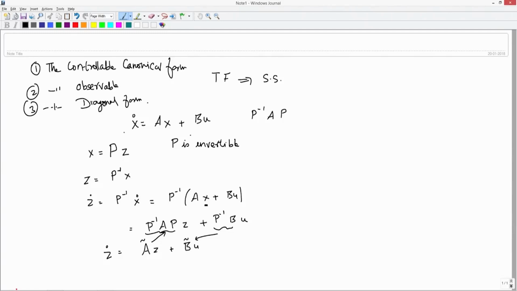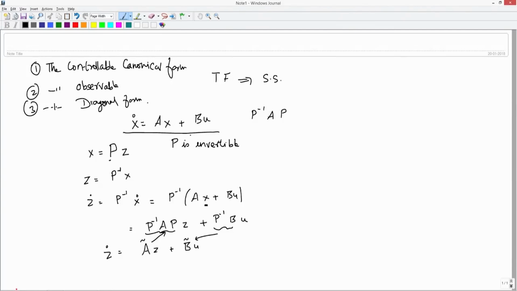So given a system in a certain form, say the observable form, I could go to the controllable form via some transformation P. What this transformation is, we will see a little later: which kind of P to use to get from a standard form to a controllable form, to an observable form, and so on.